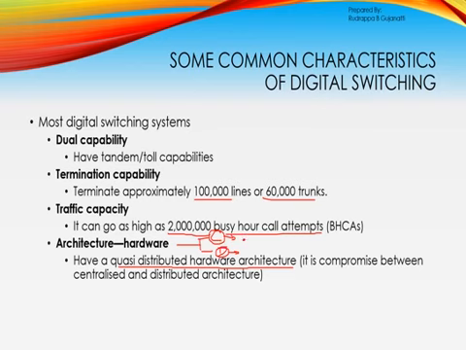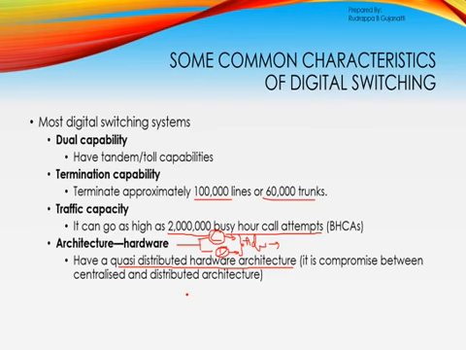So now what we do in the architecture of a digital switching system is we try to take the advantages of both and build the architecture. At some points we can have a centralized architecture, by looking into the advantages provided at that location, and at some points we can have the distributed architecture.